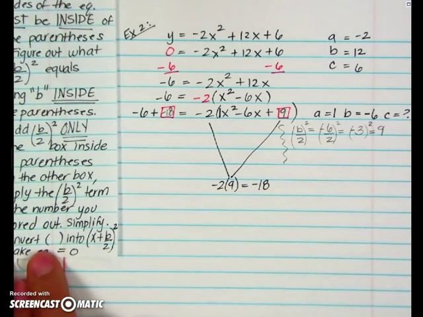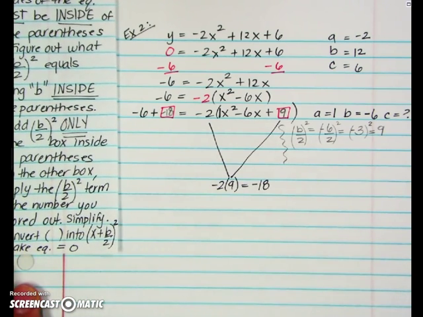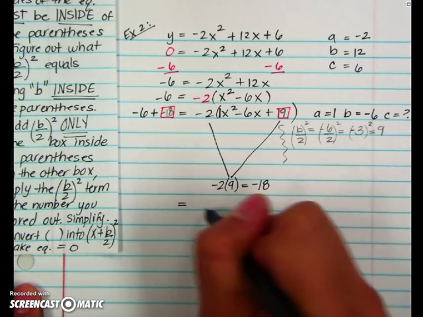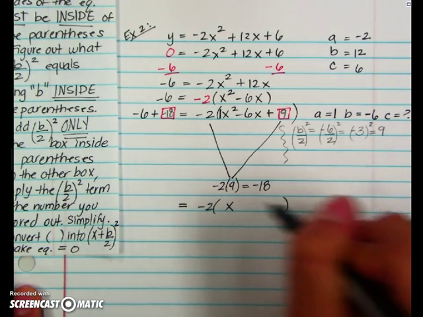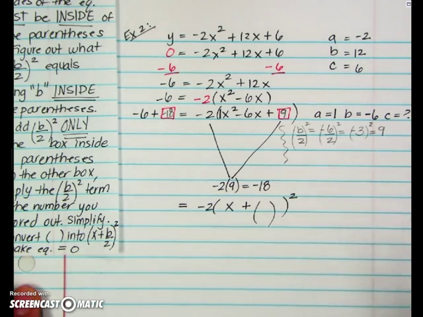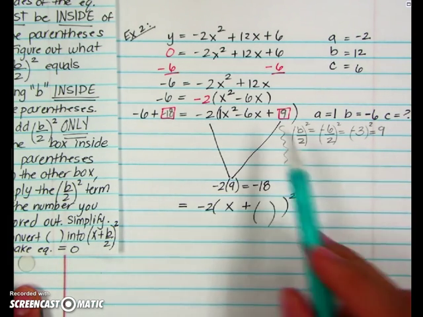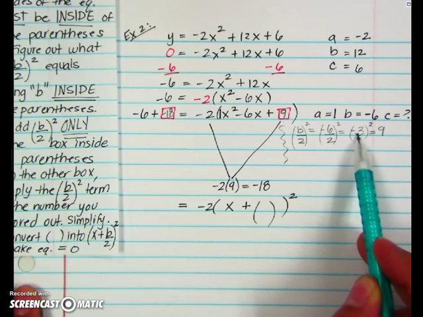Okay, your next step is to convert the parentheses into x plus b divided by 2 squared. So I'm going to say x squared plus, what's the value of b? -6. -6 divided by 2 is -3.